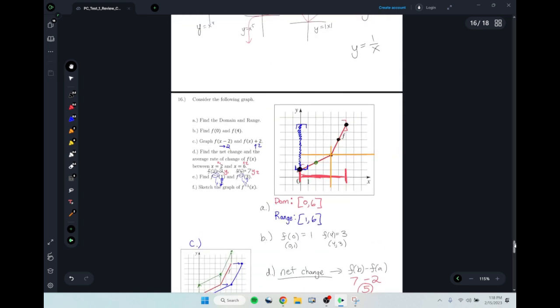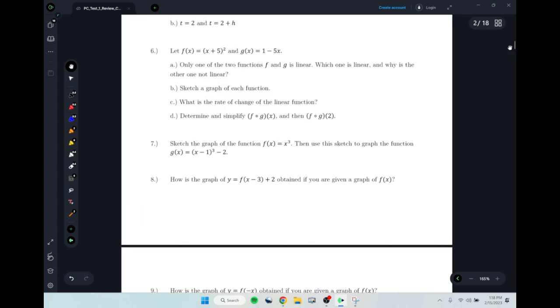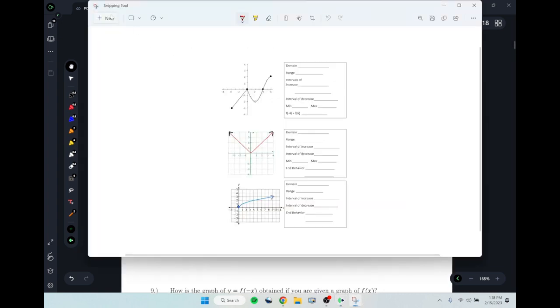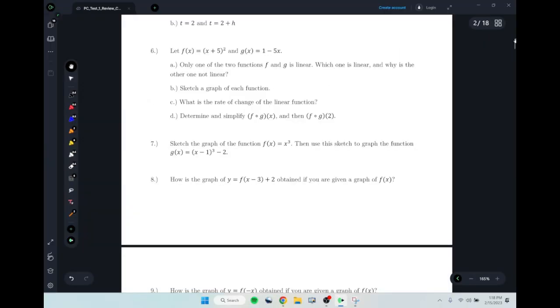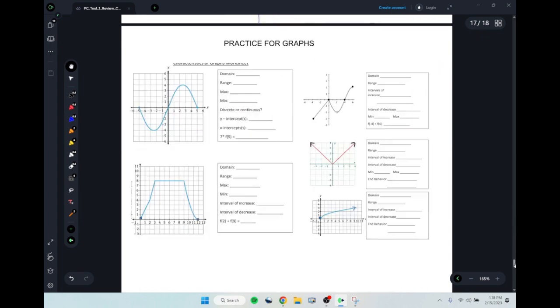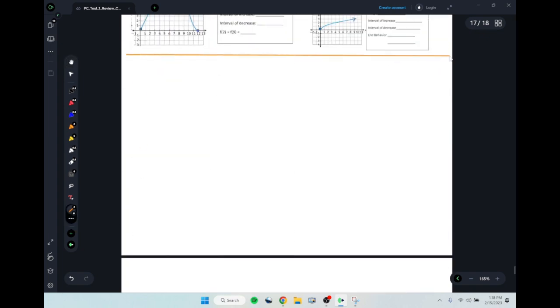Number 6. For sure. Oh, heck yeah. Good job, y'all, at picking ones that weren't already done. All right. What's number 6 looking like?